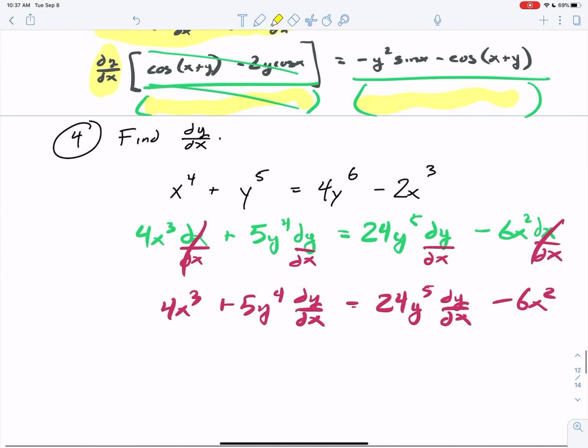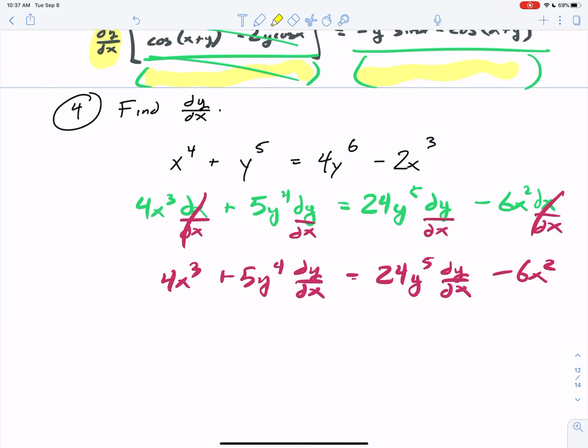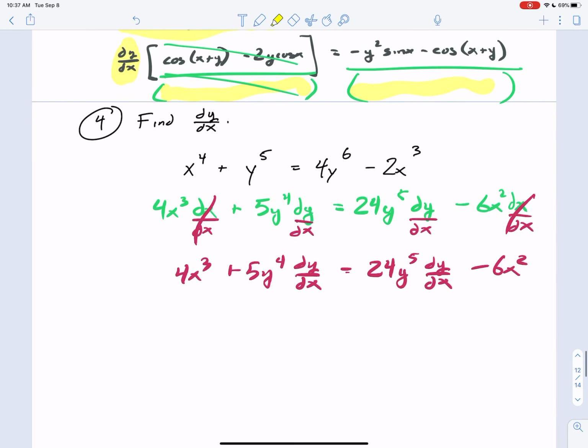What we're going to do is I am going to bring it over, but I know that I'm going to factor it out as well. So here's what happens. I know that 5y to the fourth is staying on the left, so the sign will stay the same.